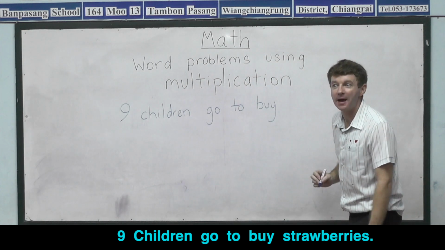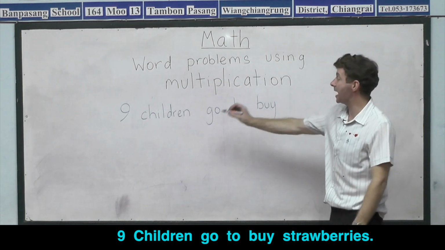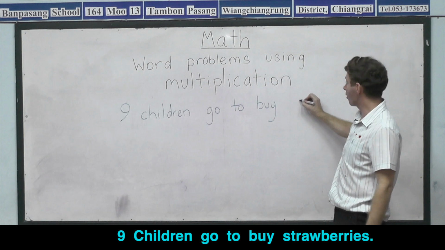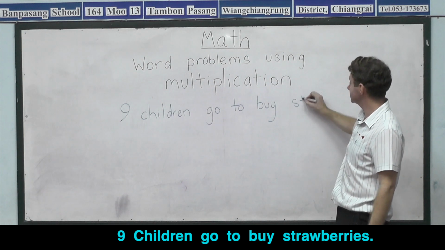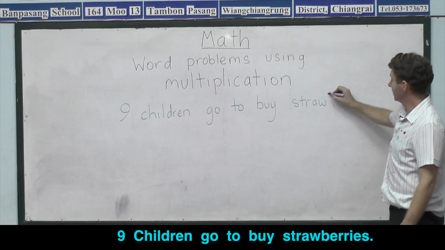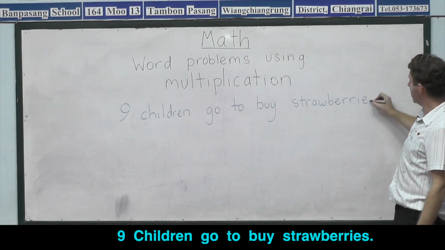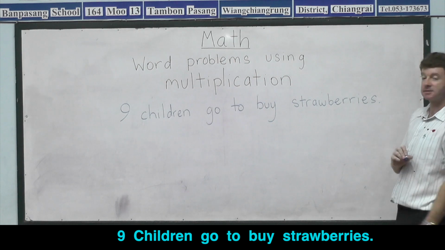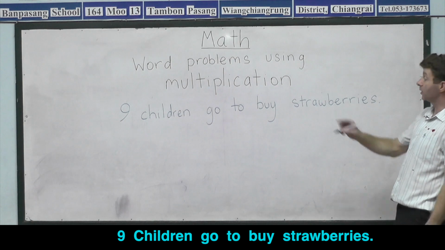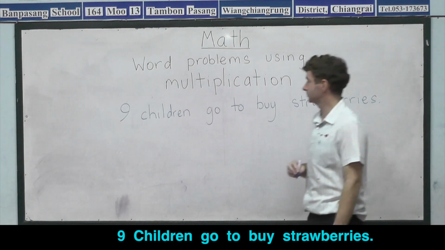What would you like to buy? Strawberries. Okay. 9 children go to buy strawberries. S-T-R-A-W-B-E-R-R-I-E-S. Okay. 9 children go to buy strawberries.